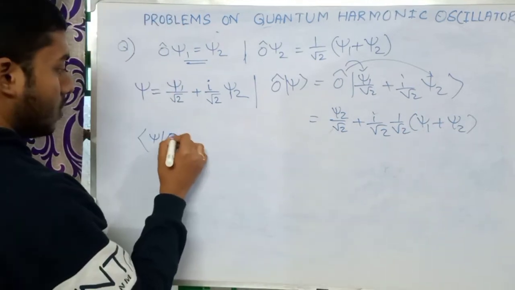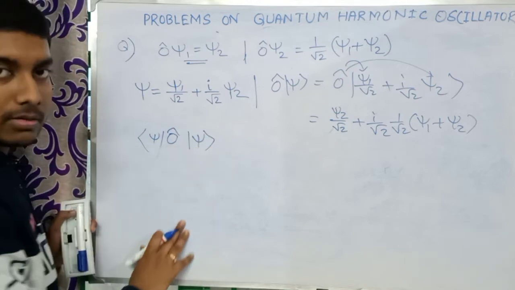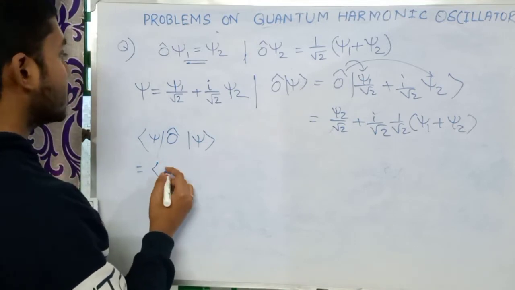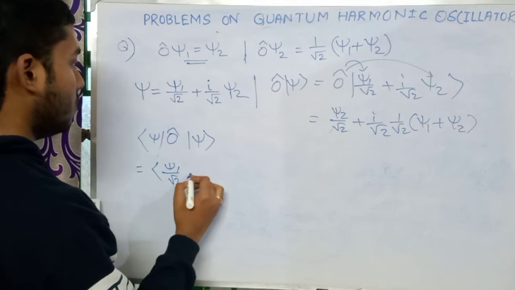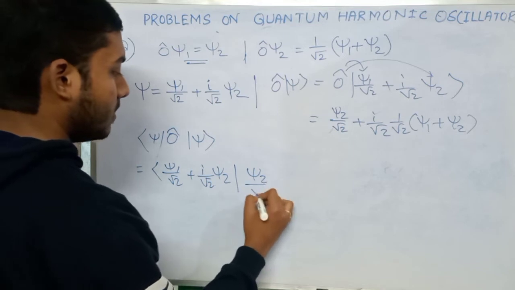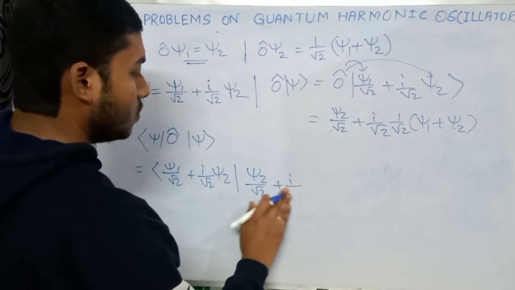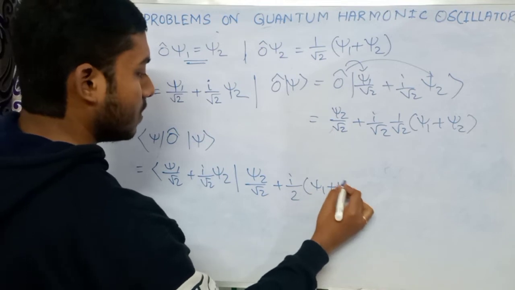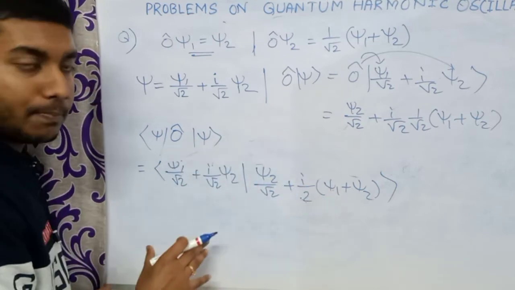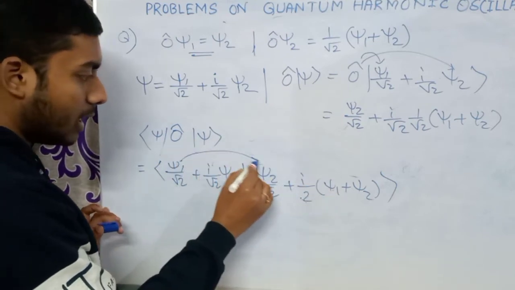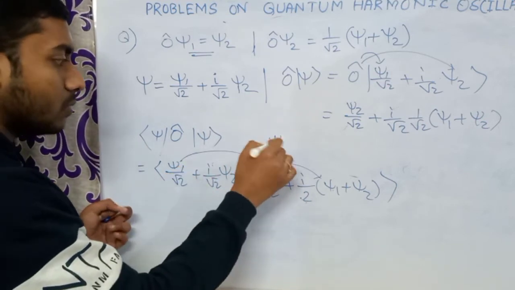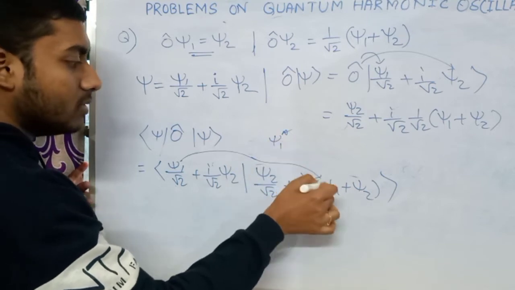Now, and psi, right? And we have already found this, that means this will be psi 1 divided by root 2 plus i divided by root 2 psi 2, and there will be psi 2 divided by root 2 plus i divided by 2 psi 1 plus psi 2. Now when this is operated on this, you have to understand that this is not psi 1, this will become psi 1 star, and this will be psi 1.